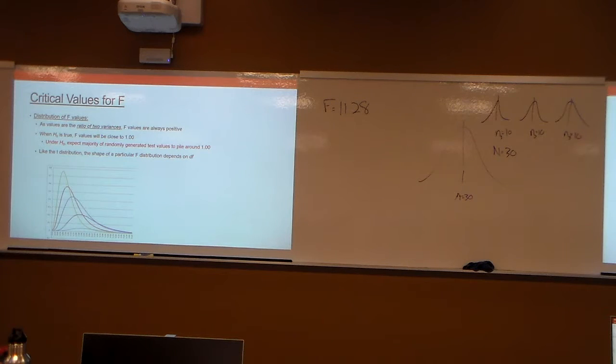If you take your F table that we passed around last time, you'll see it's set up a little bit differently. We have great tools now for getting more precise values, but old school we were using tables. In our example, we had 2 degrees of freedom in the numerator, 12 degrees of freedom in the denominator.